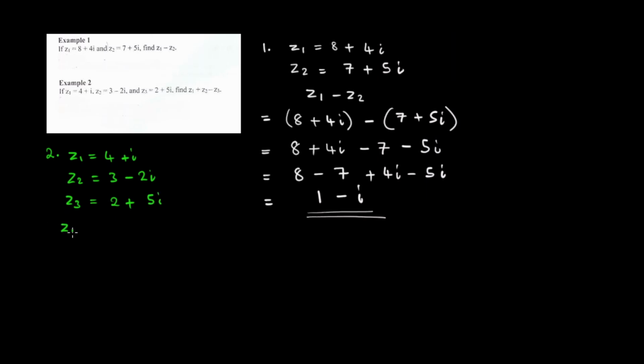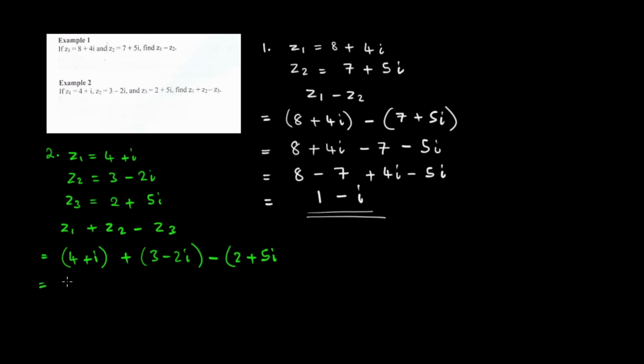How about z1 plus z2 minus z3? This is equal to, in brackets, chesa z1 4 plus i plus z2 3 minus 2i, then minus z3, which is 2 plus 5i, like that.